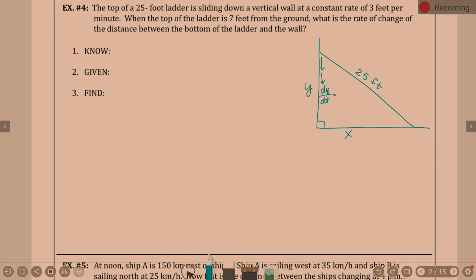And actually, I could put that in given, rather than, because my triangle's getting kind of crowded. Okay, so the change in y over time. Now, think about it. It's sliding down a wall. What are your thoughts there?